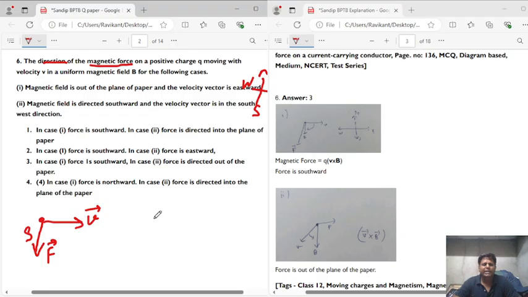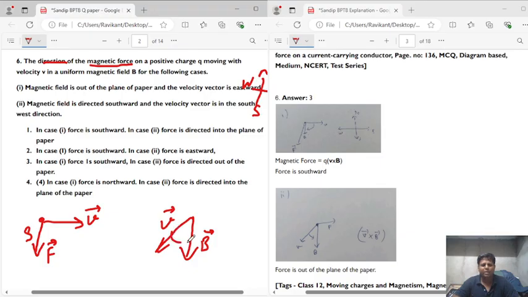For the second case, it says that the magnetic field is directed towards south, and the velocity is in the southwest direction. So this is V. In the formula we have F equals Q V B sine theta. We move from V vector to B vector.